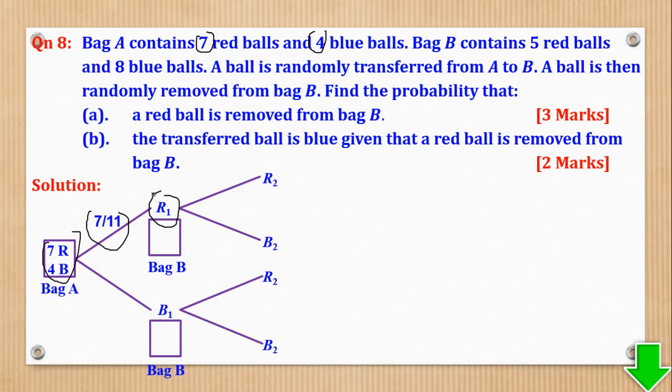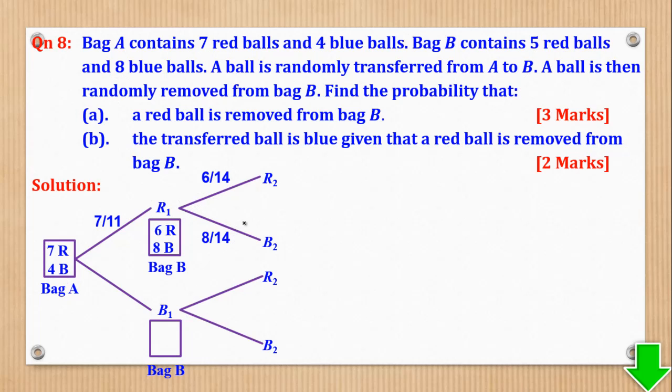Because this red is put in bag B, and bag B initially had 5 red and 8 blue, now it will have 6 red and the blue will remain 8. That means the probability of picking red from bag B will be 6/14 and blue will be 8/14. That is if we first picked red from bag A.